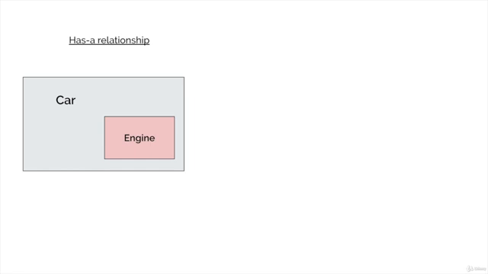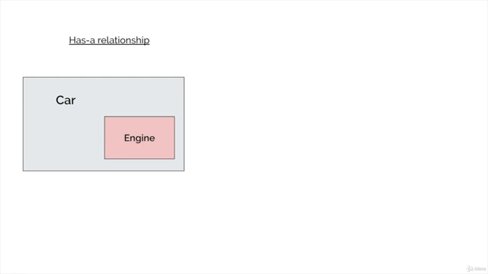To discuss the has-a relationship, we will have to discuss the example of a car and an engine. So what is the relationship between a car and an engine? Car has an engine. You cannot say car is an engine or engine is a car.